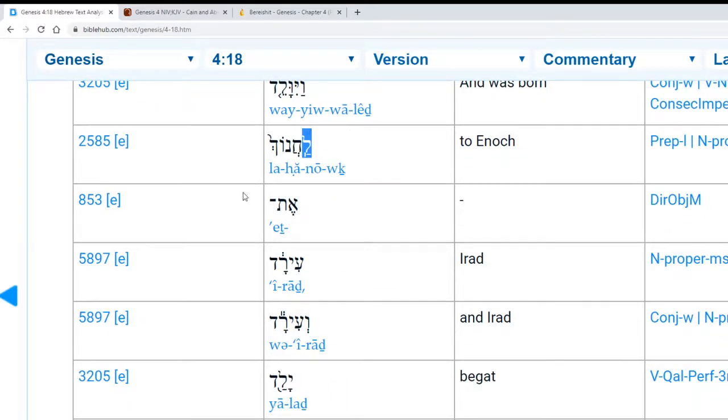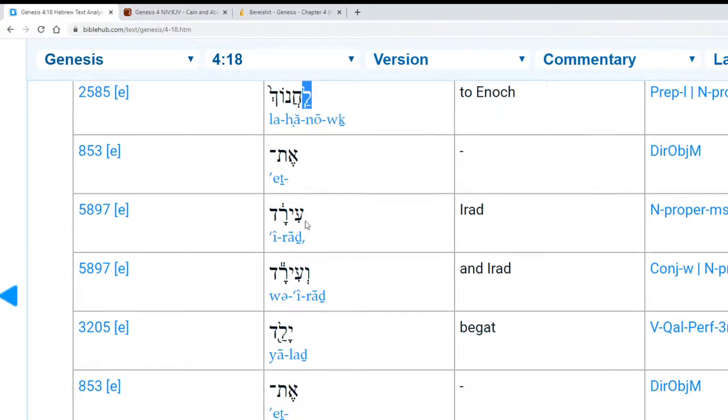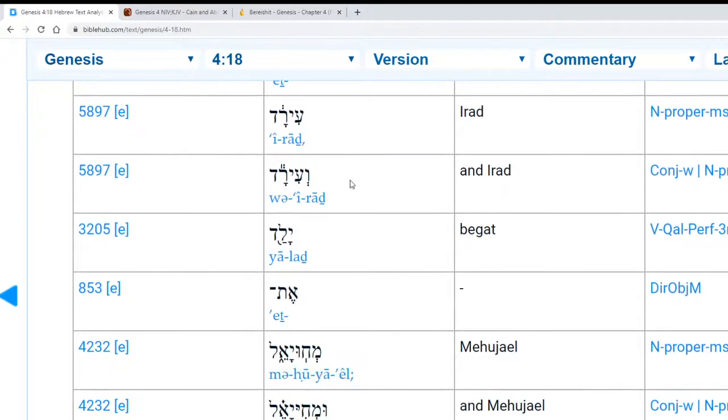So, and was born to Chanoch, Irad, right? I'm not actually sure where the word Irad comes from. Ayin resh dalet. I don't have any insight into that name. Ve'Irad yalad et Mechuyael.